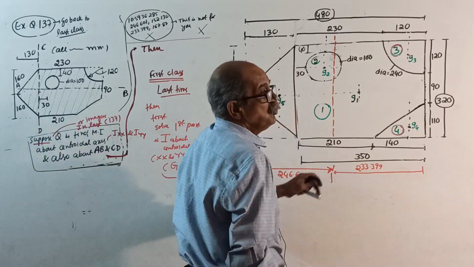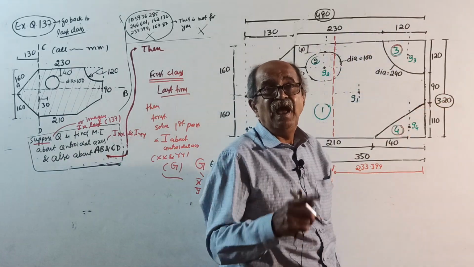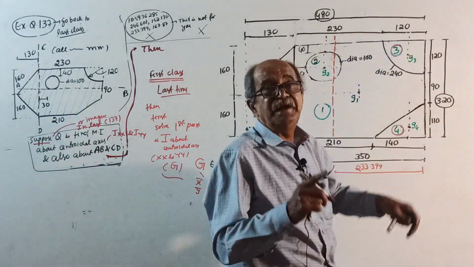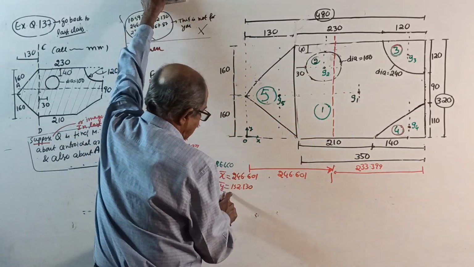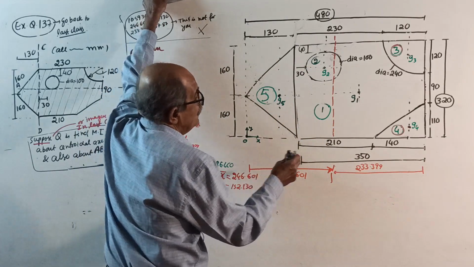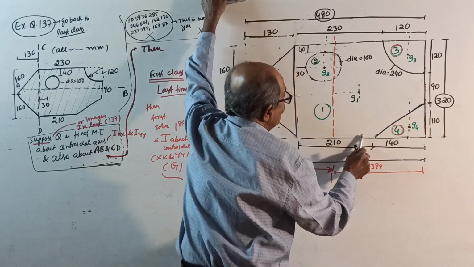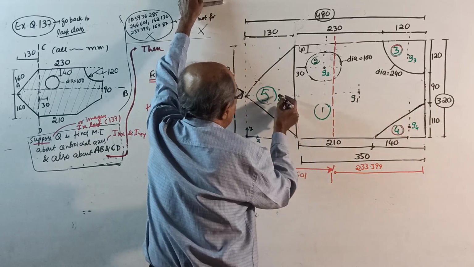Actually, we took the origin at the other end and even got the same X bar. As a checking purpose, in the last question we took the origin here and got this X bar. Then we got Y bar 152.13, further above. 320 means 160, a little before G1 and G5.